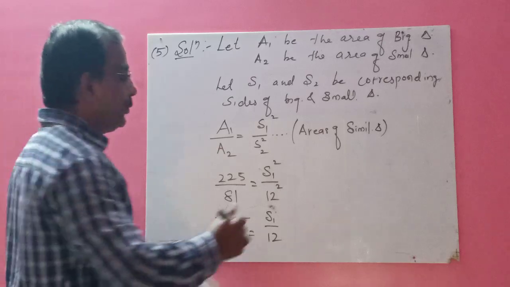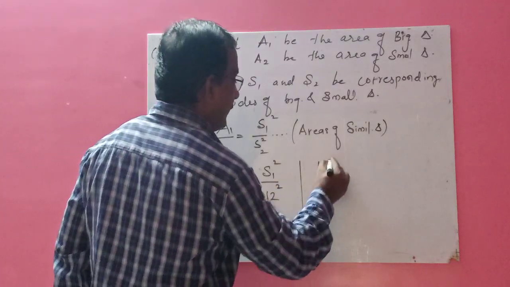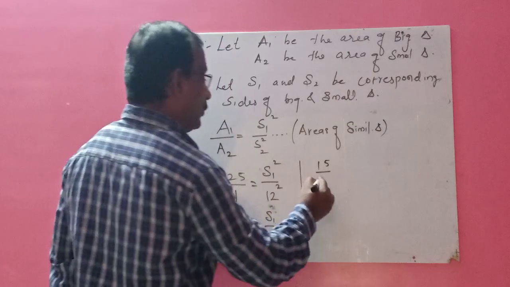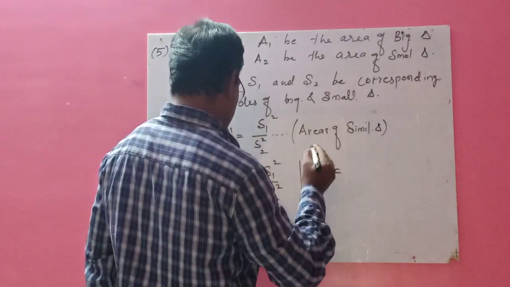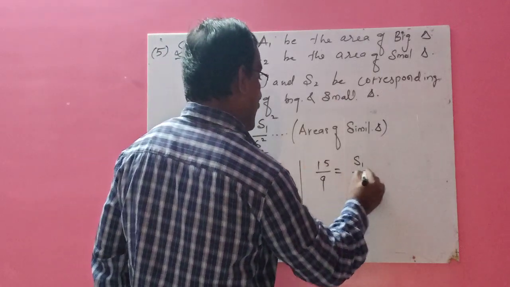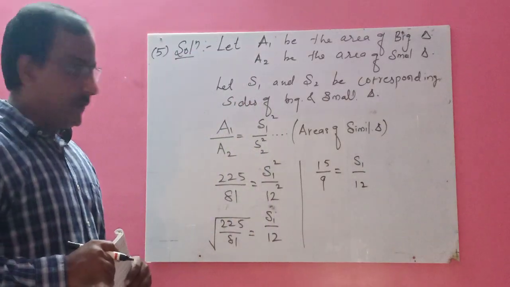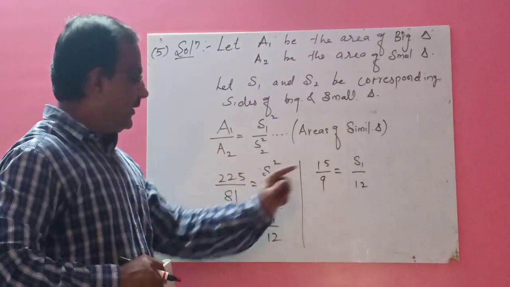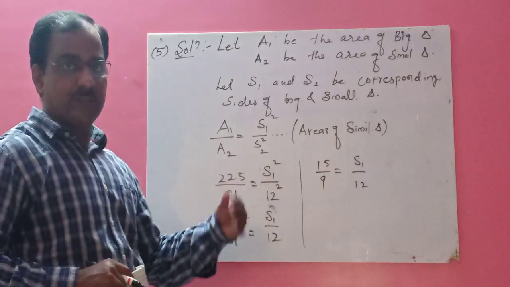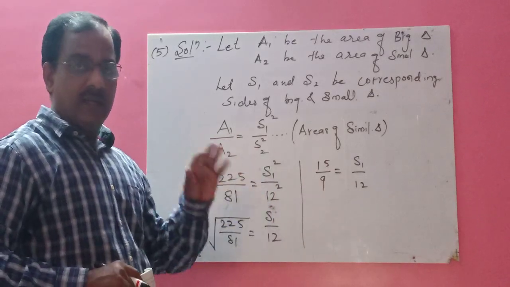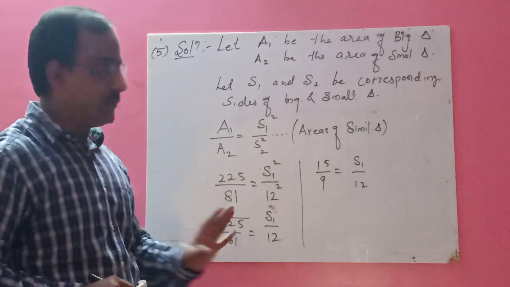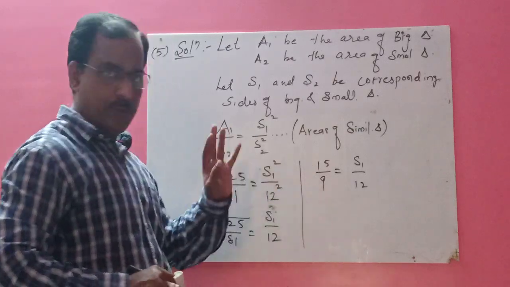So square root of 225 is how much here? It is 15 upon square root of 81 is 9, and this is S1 upon 12. Okay? See, I have not written minus here because square root of any number is plus or minus, but area, length, distance can never be negative. So that is why you write down 15 upon 9.